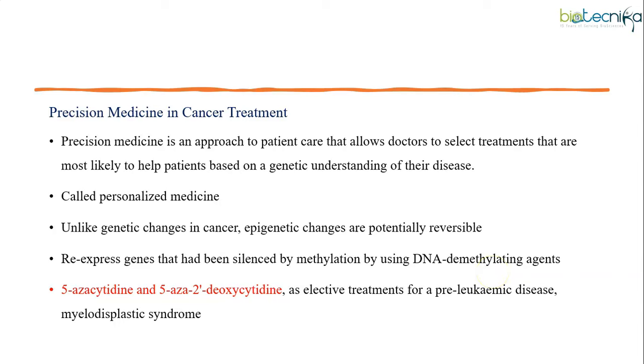Then precision medicine in cancer treatment. Basically it is an approach to patient care that allows doctors to select treatments that are most likely to help patients based upon their genetic understanding of their disease. These are called personalized medicine. Unlike genetic changes in cancer, epigenetic changes, as we know, are reversible.